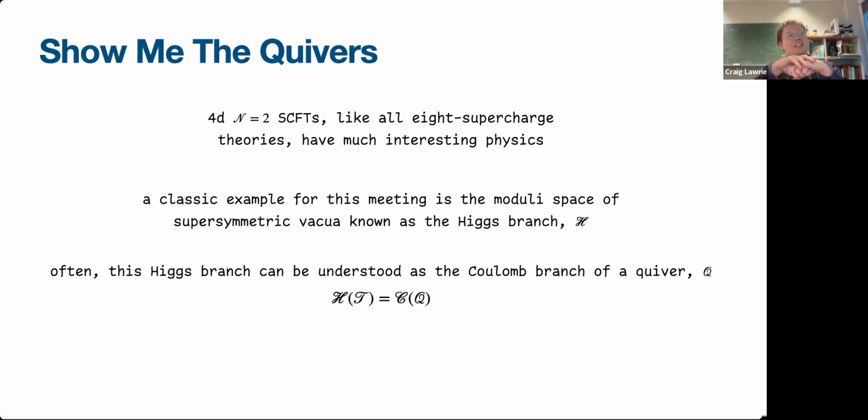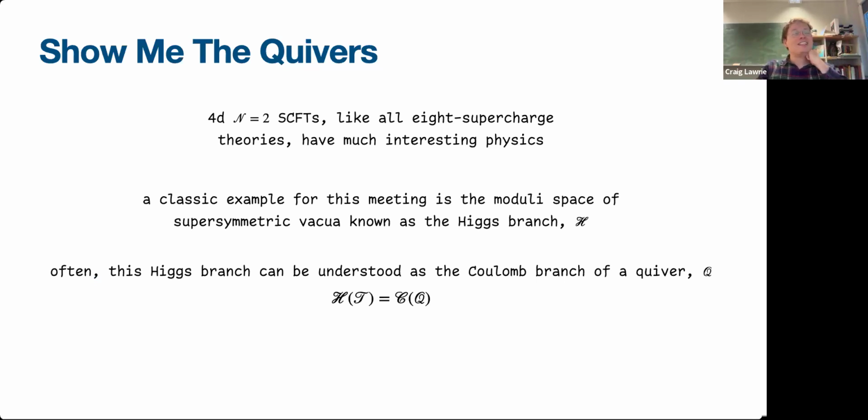And a nice fact, which connects Higgs branches of such theories to quivers, is that you can often rephrase the Higgs branch of a theory as the Coulomb branch of some kind of quiver, where this quiver is now a 3D quiver.